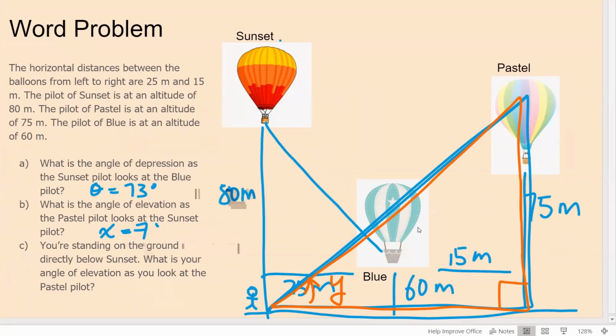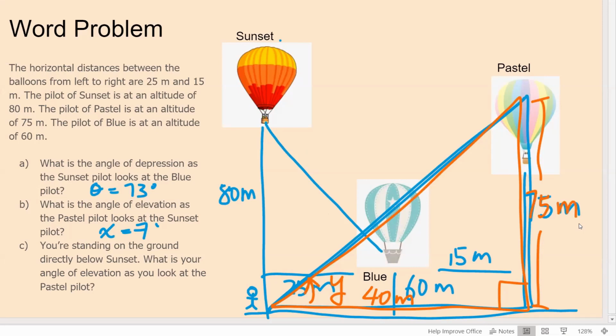Now, we already know that the horizontal length was 25 plus 15, which we calculated earlier. 25 plus 15 is 40 meters. So I'm just going to label this. And then over here we conveniently know the height, since the altitude of the pastel pilot was given to us. It is 75 meters.